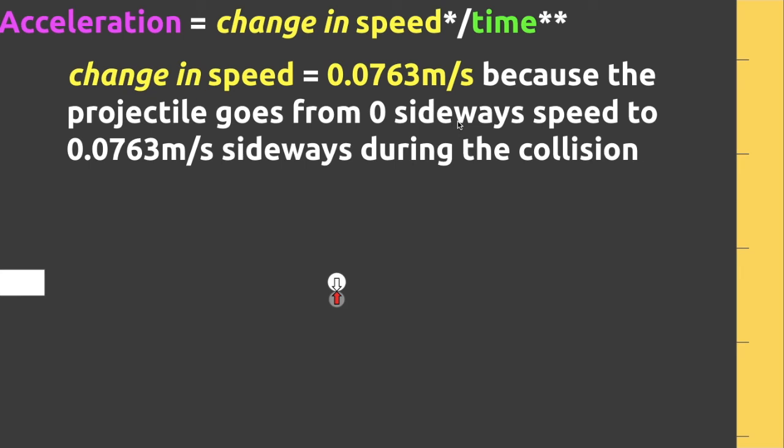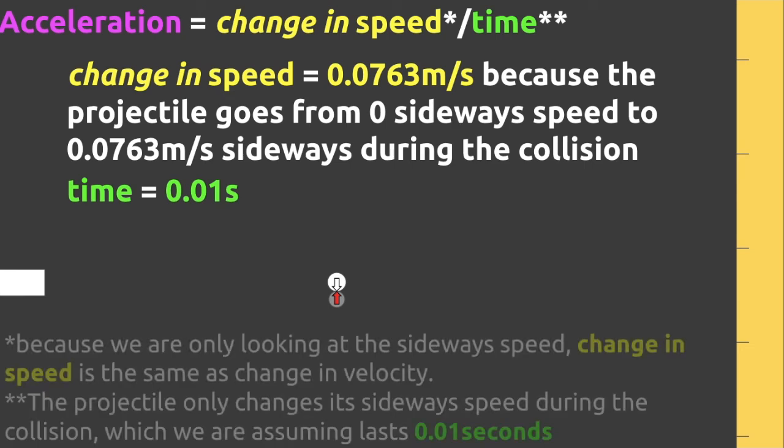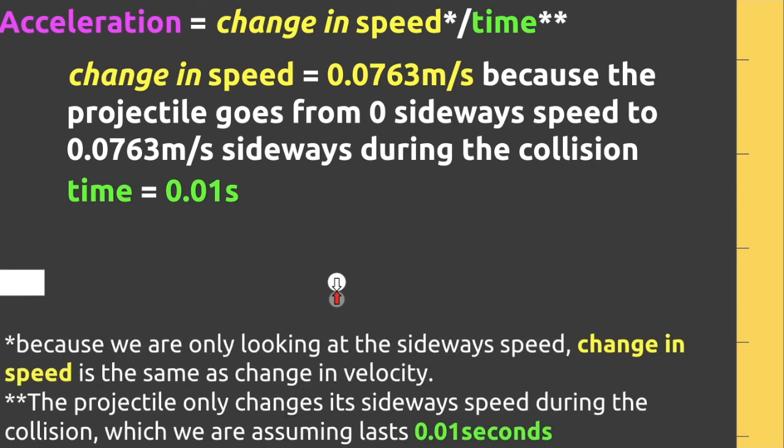We know that the change was equal to that. And the time, we're just going to set it as 0.01 seconds. We're going to assume that it's 1/100th of a second, a very short collision time, in order to calculate acceleration. That might not be accurate, but for this project, we're going to pretend.